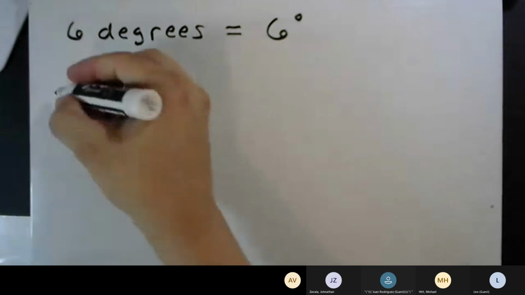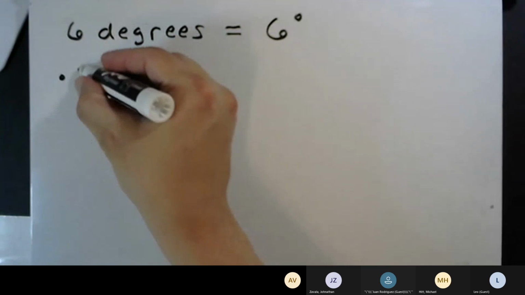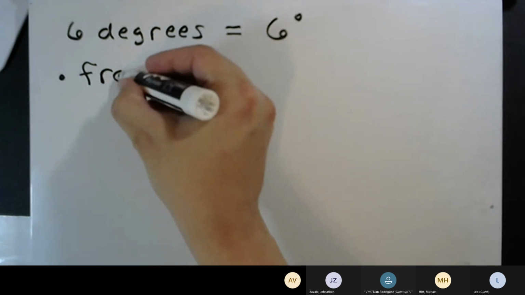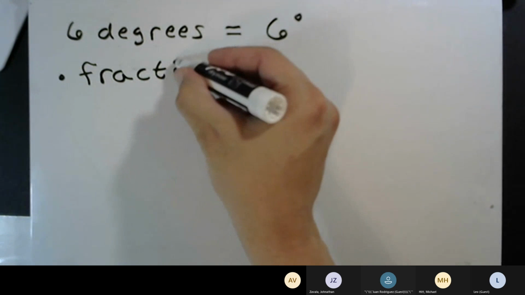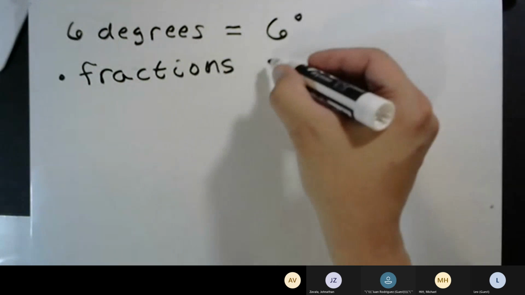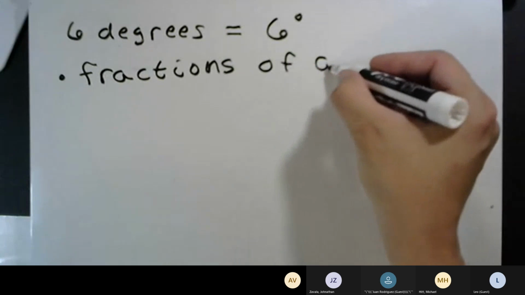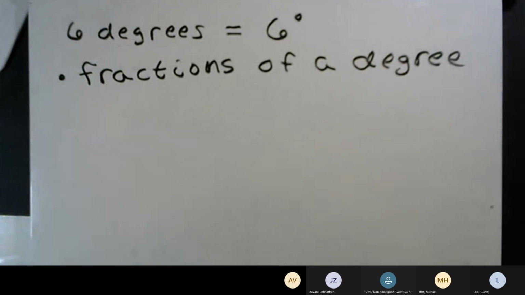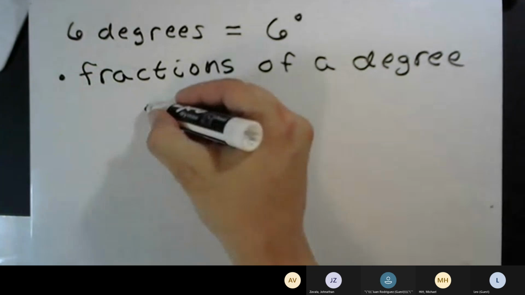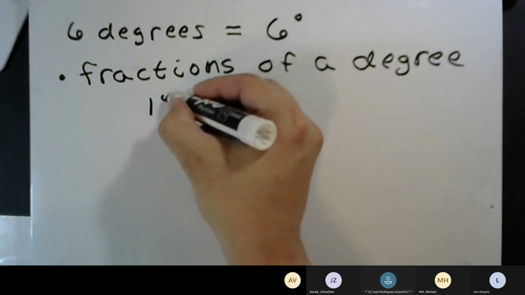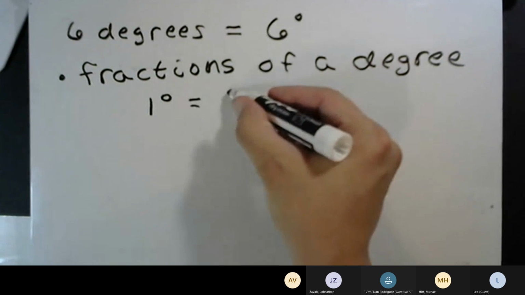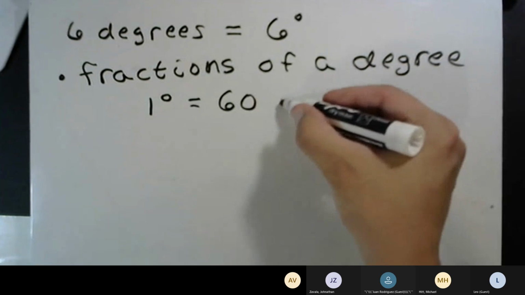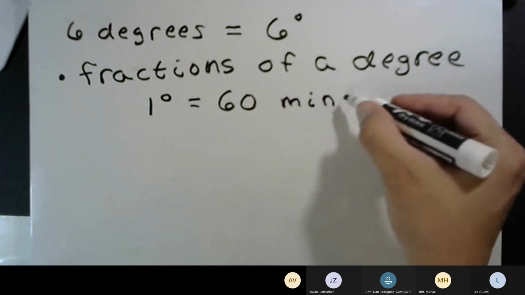Now there's fractions of a degree. And what we do is this. 1 degree is equal to 60 minutes.